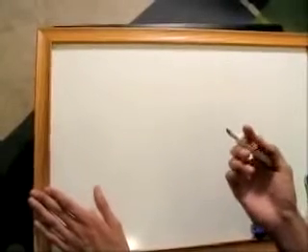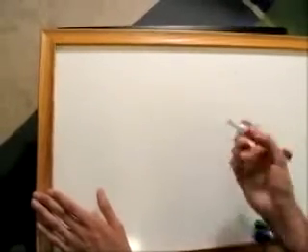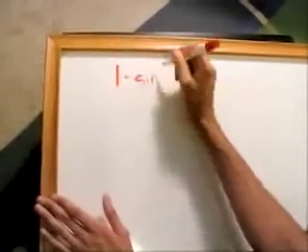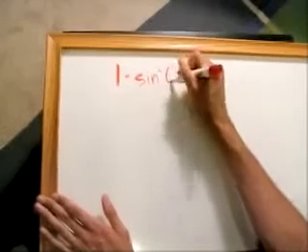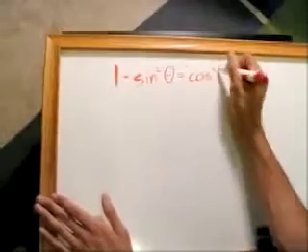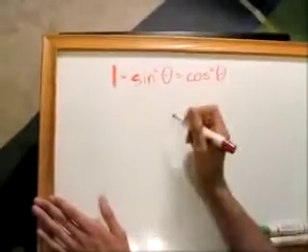Alright, so hopefully you all know about the trig identities, but I will review them really quick just because we're going to be using them in trig substitution. The first one is 1 minus sine squared theta equals cosine squared theta.